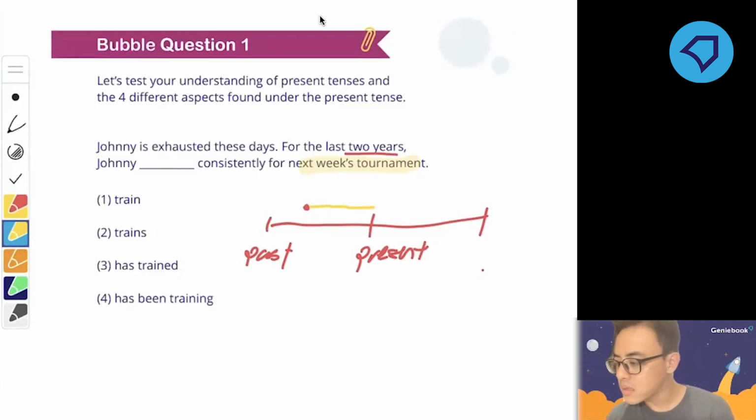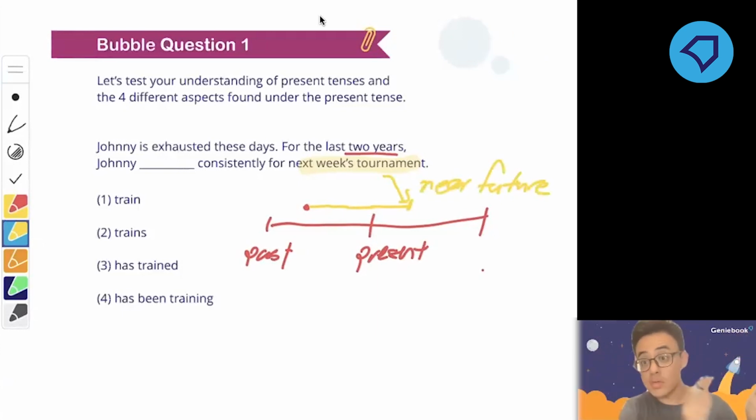And it will end sometime in the near future, right? So it happened in the past, last 2 years, 2 years ago. It's happening right now to the present, and it will carry on to the near future. Okay, so if something happens like this and it's about to end soon, right? I have to use the present perfect tense.